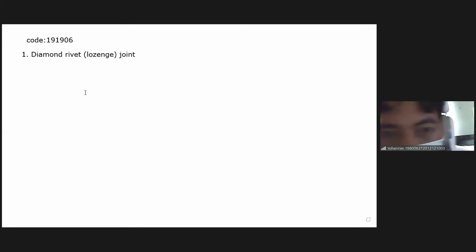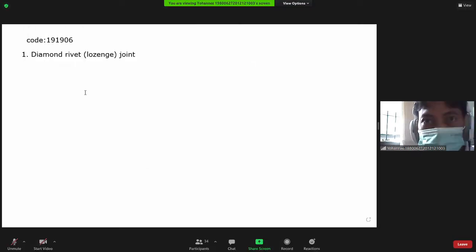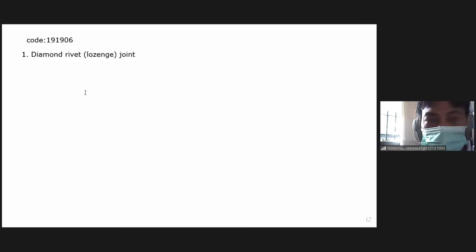So what is this lozenge joint or diamond rivet joint? It is a rivet joint that is usually used in structural building. For example, the bridge, the girder, and the crane usually use this diamond rivet to assemble their components.